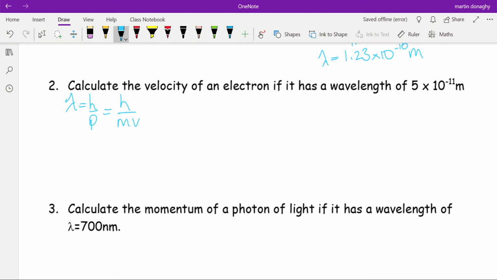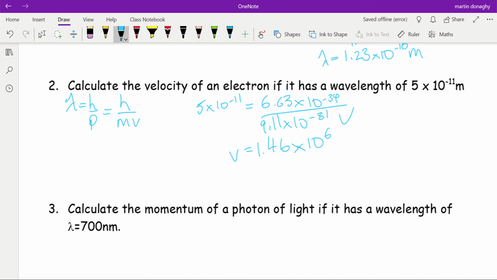So putting in our values then, we're told that the wavelength is 5 by 10 to the minus 11 equals 6.63 by 10 to the minus 34 divided by the mass of an electron multiplied by v. Rearranging that gives you v is 1.46 by 10 to the 6. That's the velocity, so it's meters per second.